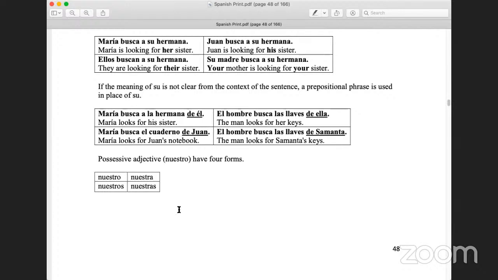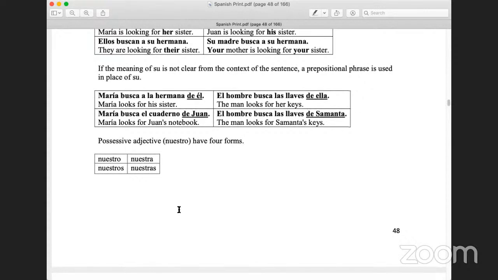They are looking for their sister, because ellos is a mixed group, plural, or all boys, plural. Su madre busca a su hermana. Your mother is looking for your sister. So you can start off by saying your mother looking for her sister. So the a is translated as for.